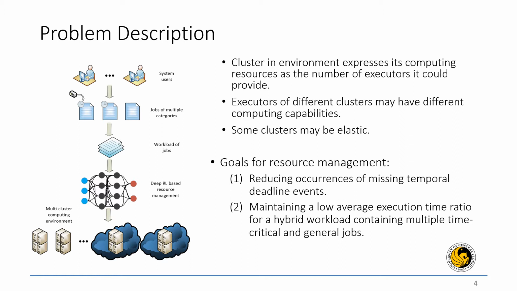When the job executes on the designated cluster, it will require some number of executors based on its feature. We set two goals for the resource management. First, to reduce occurrences of missing temporal deadline events of all jobs, and second, to maintain a low average execution time ratio for such a hybrid workload with multiple time-critical and general jobs.